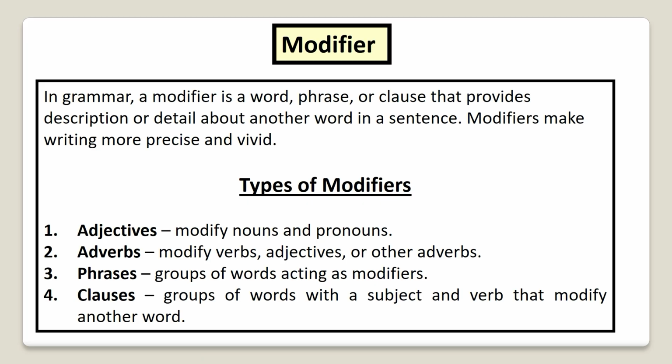So in this way we can classify all these modifiers into four types: adjective modifiers, adverb modifiers, phrase modifiers and clause modifiers. So there are four types of modifiers. So let's go further.